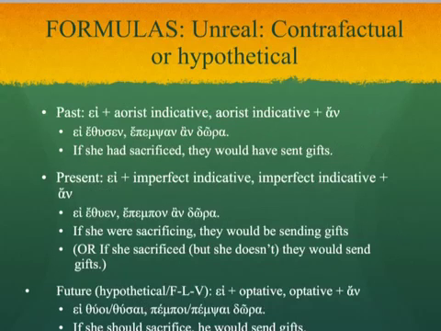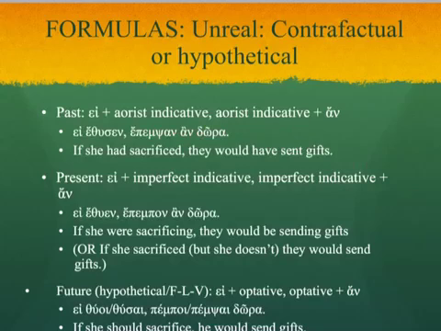Then if you turn to the unreal or contrafactual or else hypothetical conditions, and again, if we start in the past, we start with the past contrafactual. Here, because you actually know that this didn't happen, it enters the world of fact, and so you don't use the subjunctive or optative, you use only the indicatives in the contrafactuals.